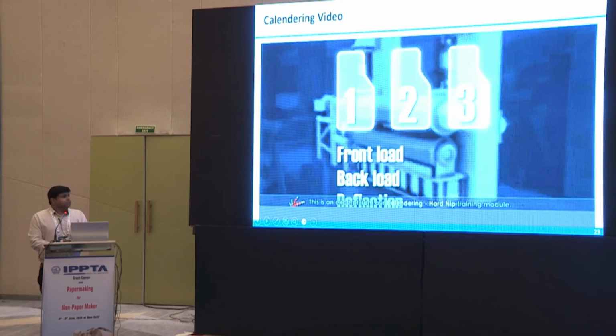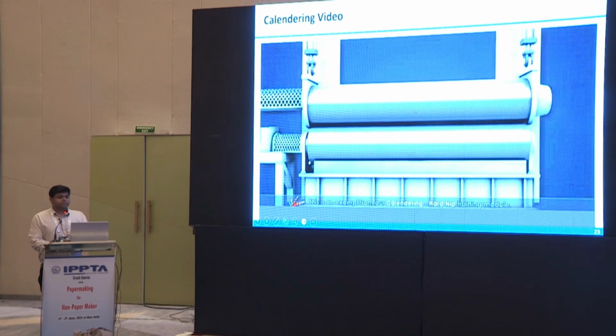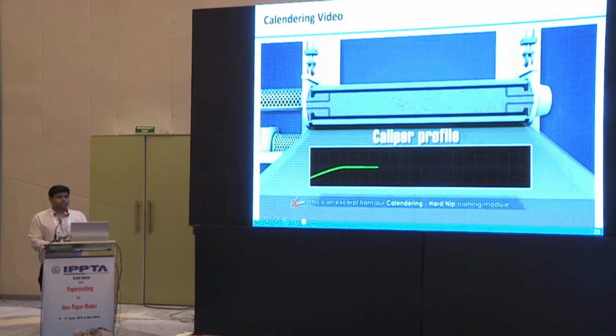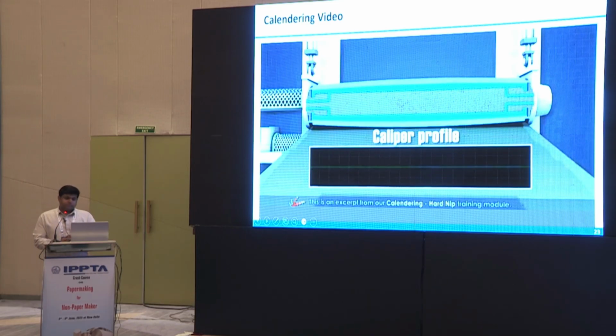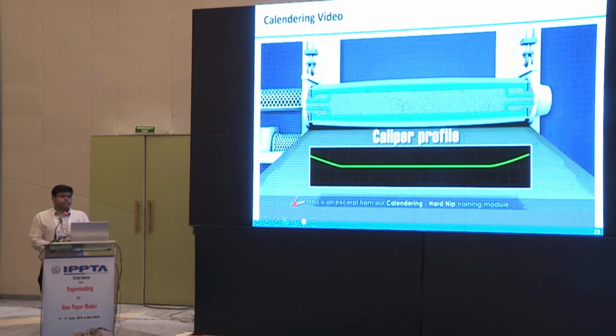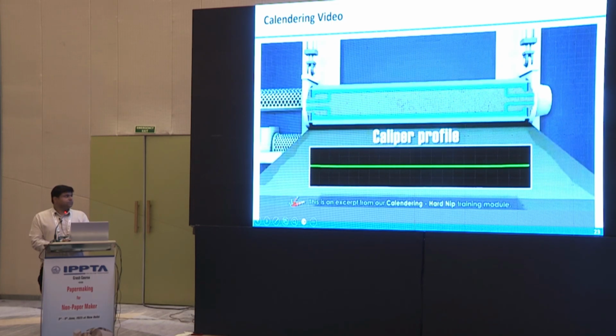These three parameters can be used to control the caliper profile of the sheet as follows. If both edges are soft at the reel, because the caliper is low on the edges, increasing the roll deflection will increase the caliper at both edges without changing the overall nip load. Conversely, if both edges are hard, the roll deflection can be reduced.